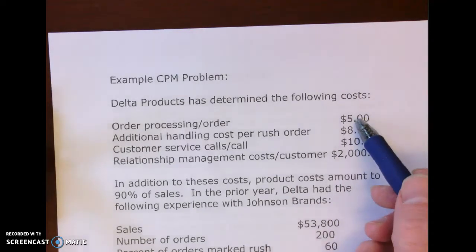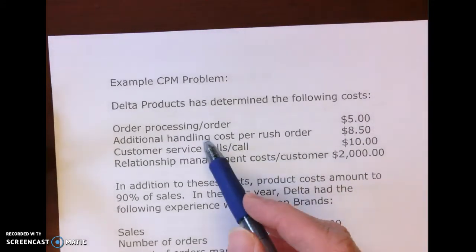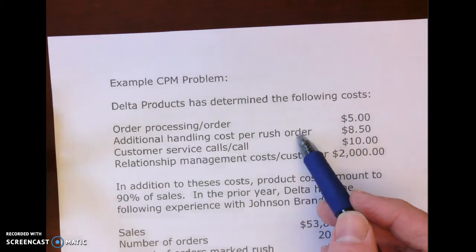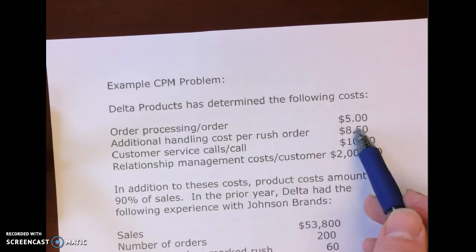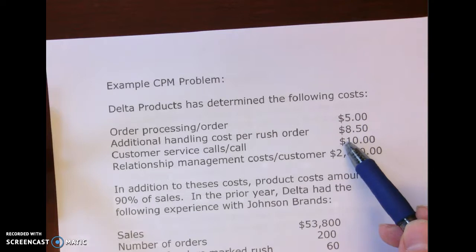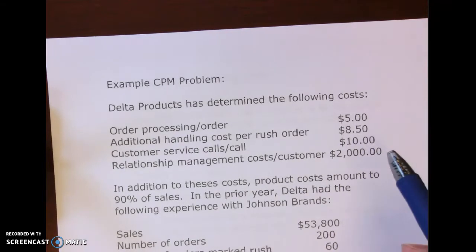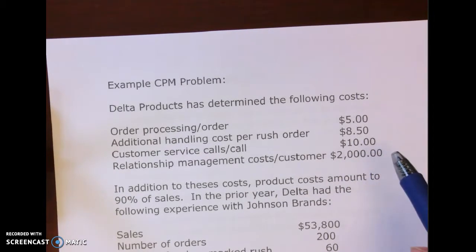And then when we divide it, we get $5 per order. And then internally we have additional handling costs per rush order. If we have a rush order, it would be $8.50. And it costs us $10 for each customer service call. And then to deal with our customers, it's $2,000.